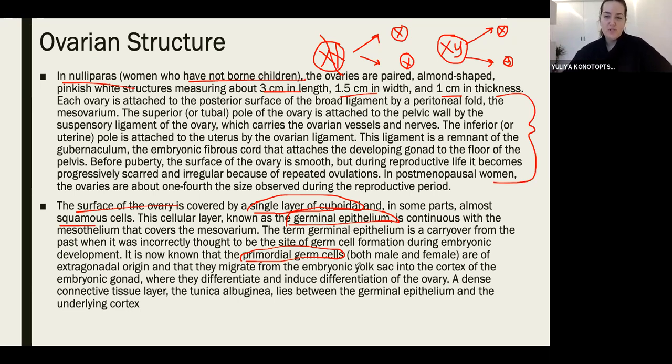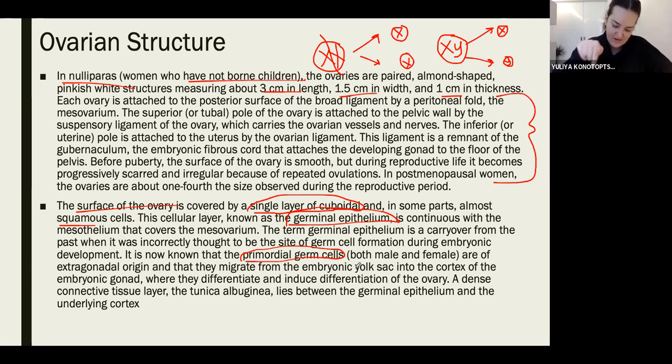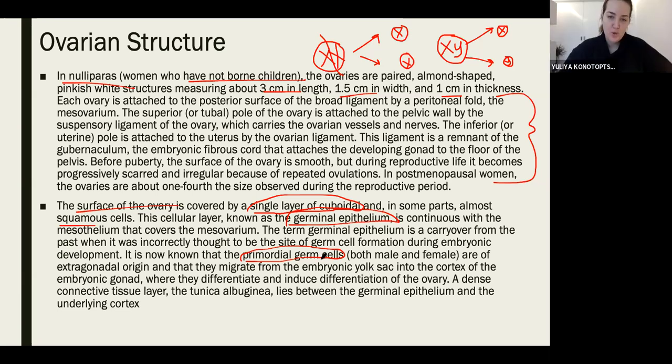So where does the PGC come from in the embryo? I said it right now, like about 2 minutes ago. Epiblast. Epiblast, very good. So primordial germ cells arise from epiblast, both male and female.